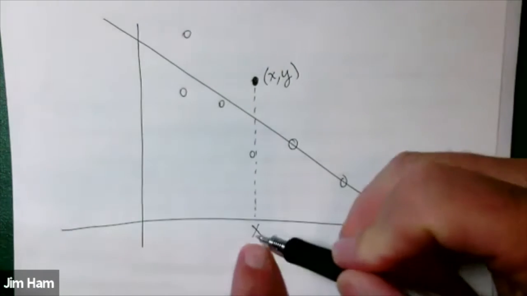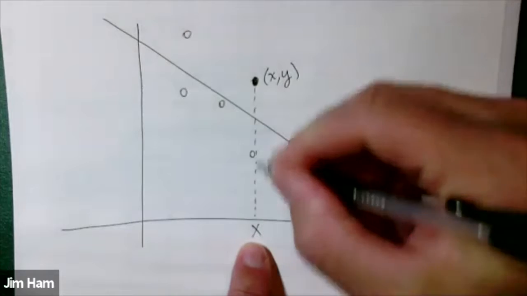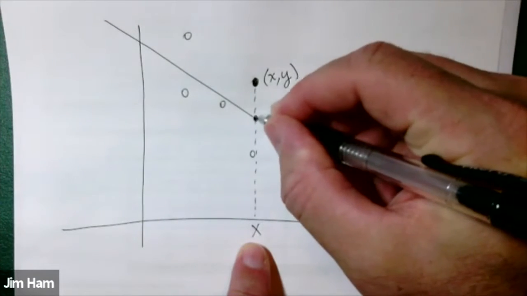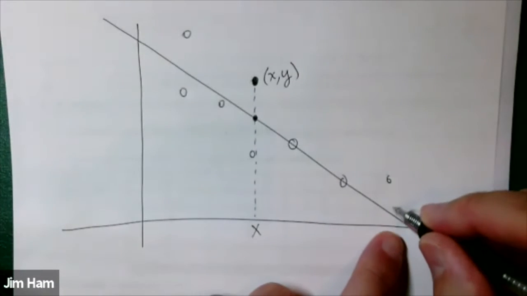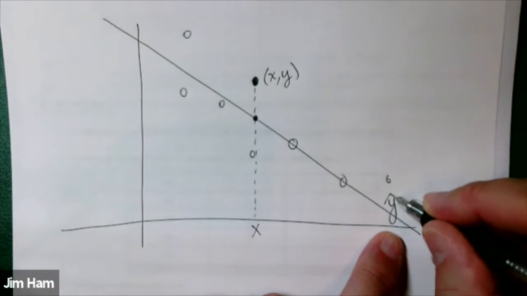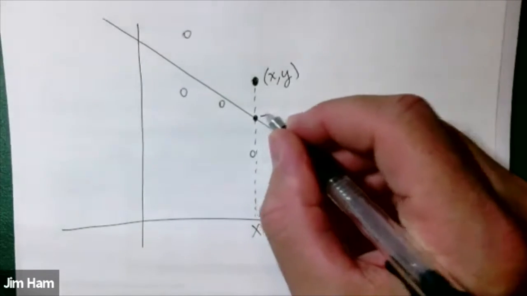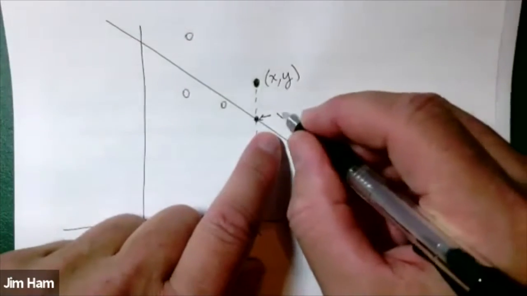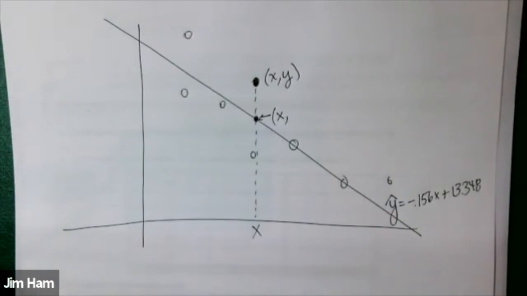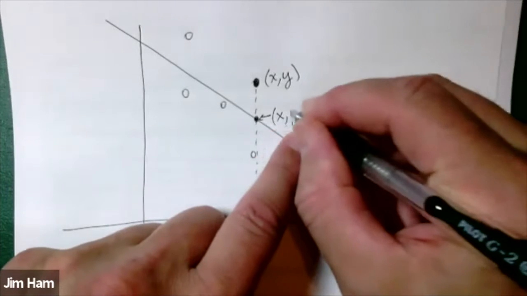Now, if we take that same X value and we go up to the line of best fit, this is our Y hat equation. That equation will predict the Y value at any point, including this one X. So this point right here has the X coordinate, same X, but the Y coordinate is based on plugging that X value into the line of best fit for a prediction. So this Y coordinate is Y hat.